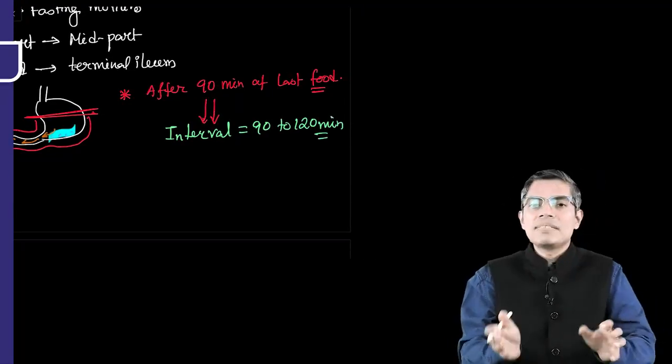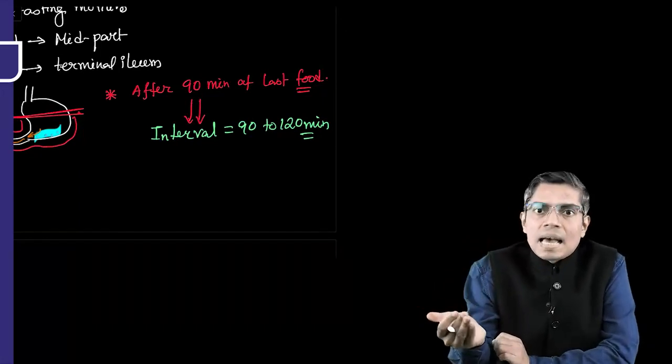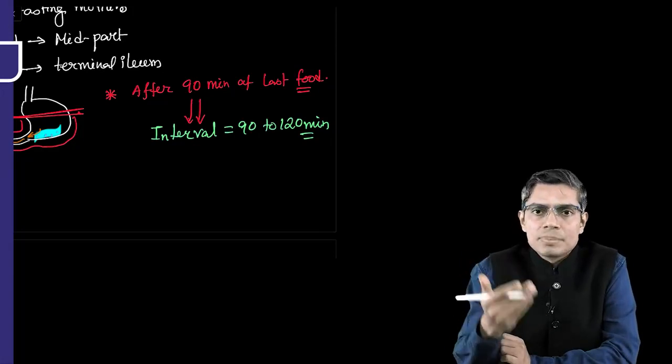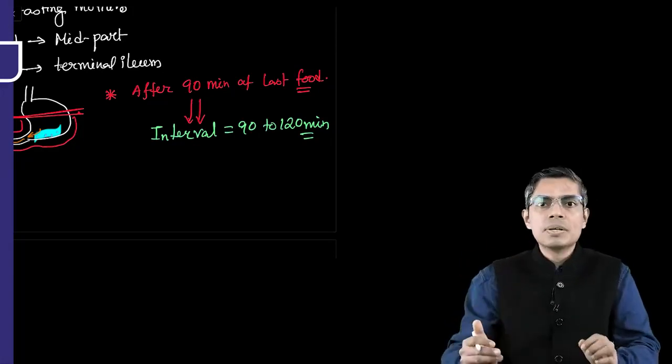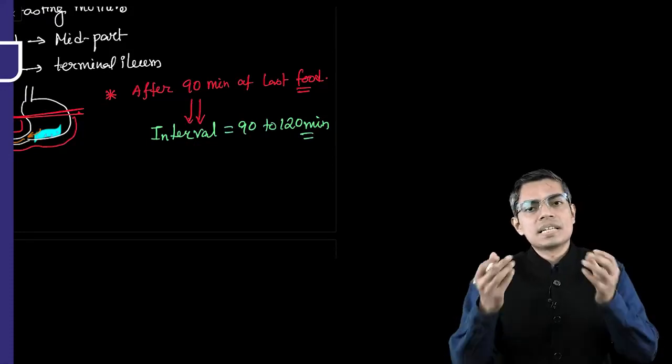So it appears the first time after 90 minutes of the last food, and again it will reappear at an interval of 90 to 120 minutes. This movement will continue and get more and more stronger until and unless you take some food.